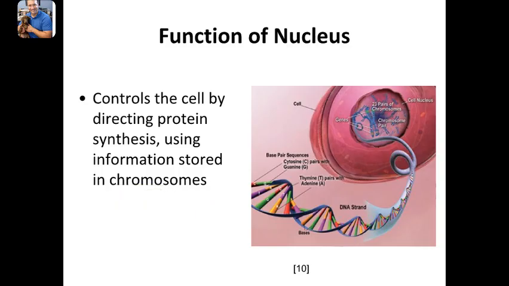This is the genetic code right here. Remember, complementary base pairs, nucleotides: adenine, thymine, guanine, cytosine pairing up. All that information is utilized within the nucleus on those genes.